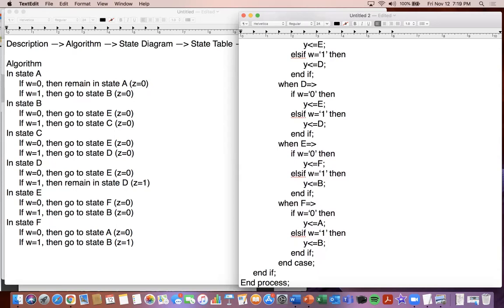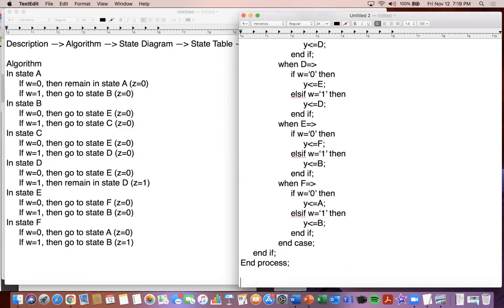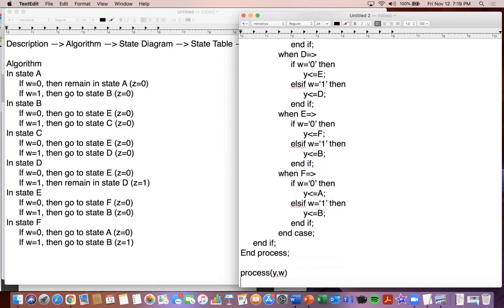Okay, so what we're going to have here is another process statement checking the value of W and the case. So it checks the case it's in and it checks the value of W. Okay, it does not want to, okay, there we go.